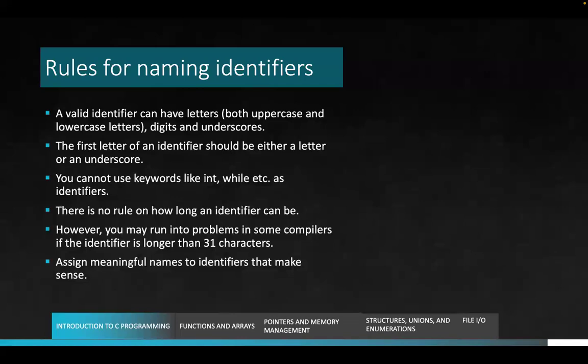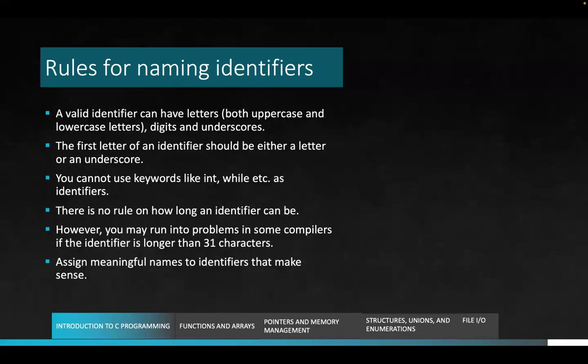You cannot use keywords like int, while, do while. These are keywords, right? Auto, const as variable names. Because these particular keywords are already defined and used in standard libraries. They have their own specific job to do. That is the reason you should not name variables with keywords like this. There is no rule on how long an identifier can be.